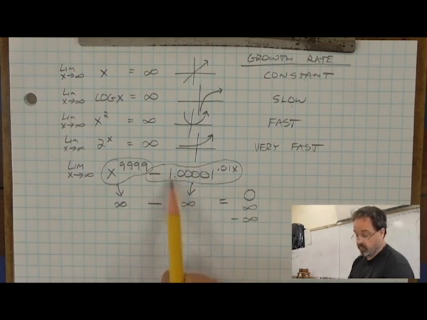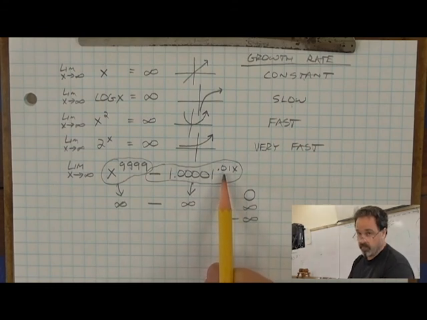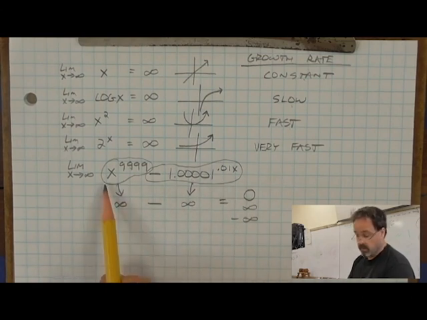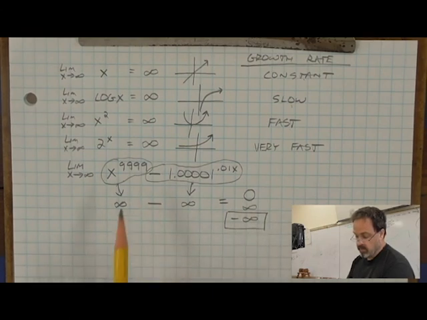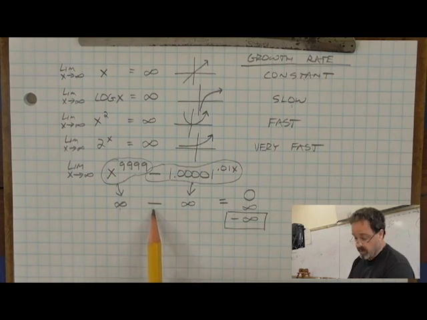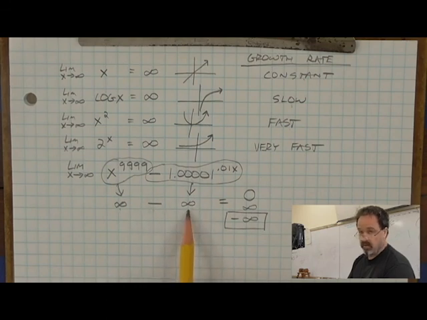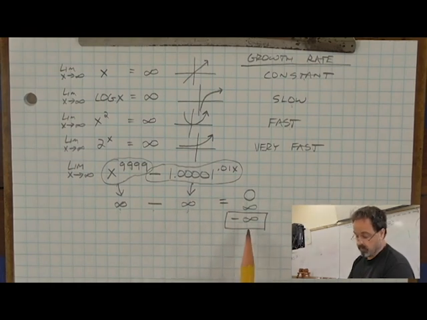It doesn't matter if its growth rate is extremely small and its power is diminished by multiplying by 0.01. Eventually, as x gets arbitrarily large, it's going to win the race. It's going to grow faster, eventually, than any power. So the limit, in this case, is decided by that term. This infinity is overwhelmed by the subtraction of this infinity. The subtraction of this infinity then decides the limit in the end. The limit is negative infinity.